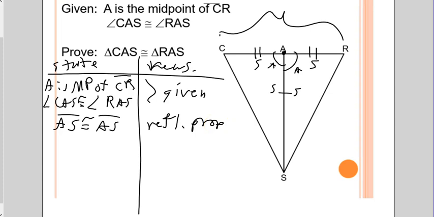At that point, we got all we need. So we say triangle CAS is congruent to triangle RAS. And that's by SAS.